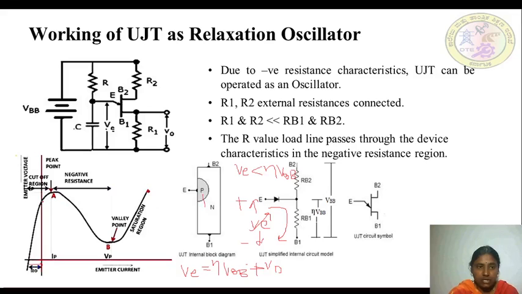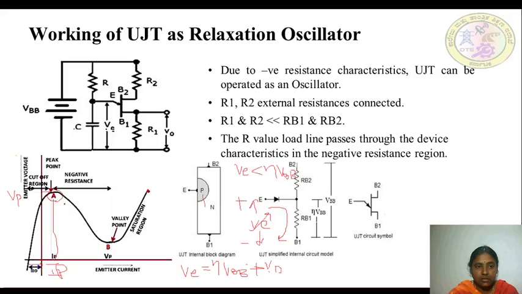So this is the point where the emitter current goes into positive state, and VD is nothing but the forward voltage drop between E and B1. This point A is called the peak point. The corresponding voltage is the peak voltage and the corresponding current is the peak current.